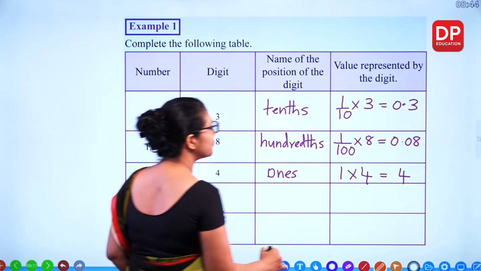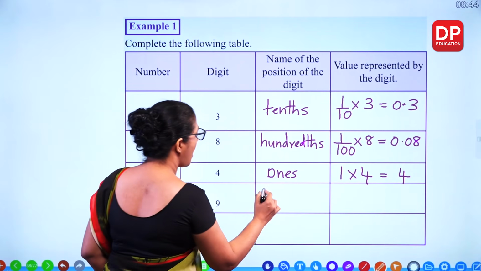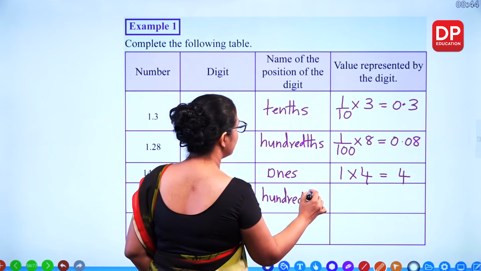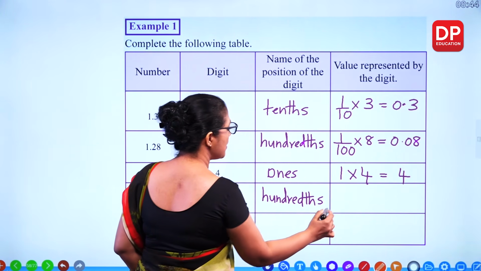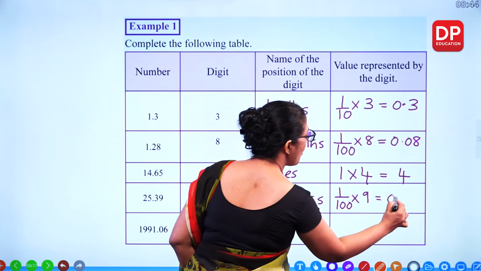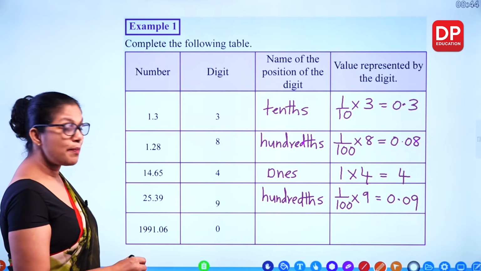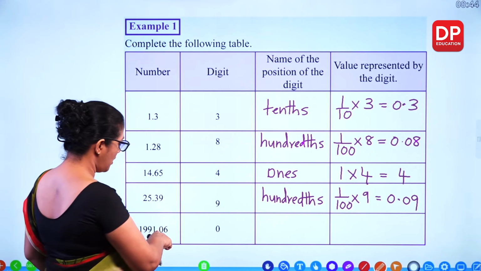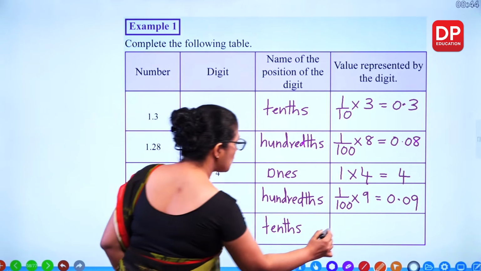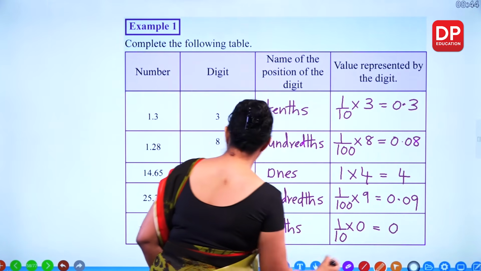That's 4. 25.39. 9 is in the hundreds place. That means 1 over 100 into 9. 0.09. 1991.060. 0 is in the tens place. That means 1 over 10 into 0, you get 0.